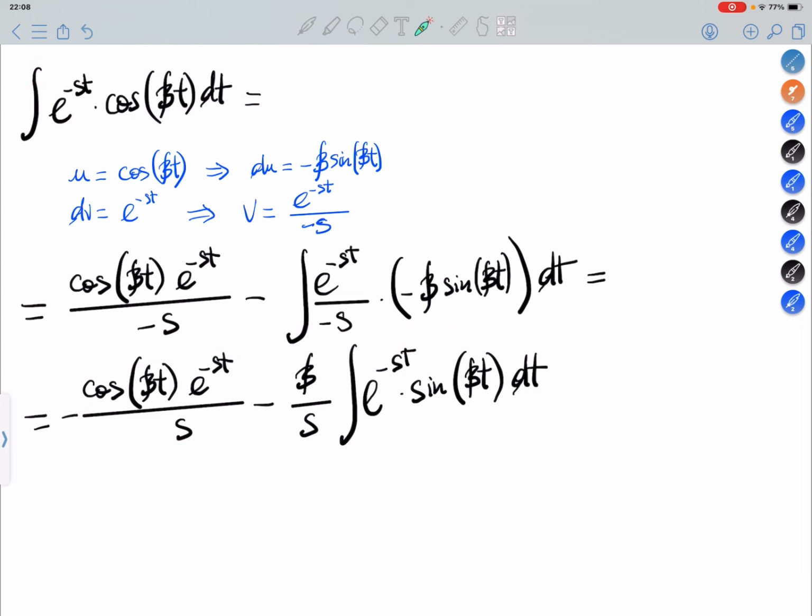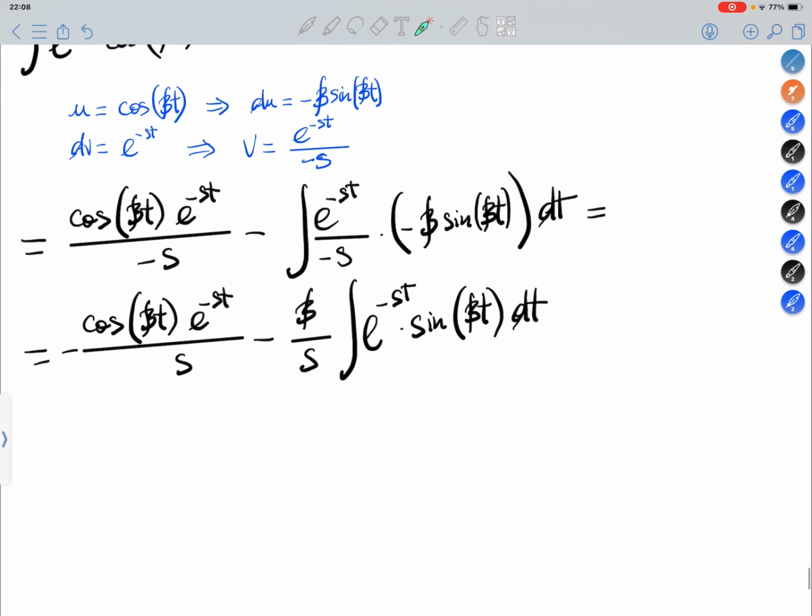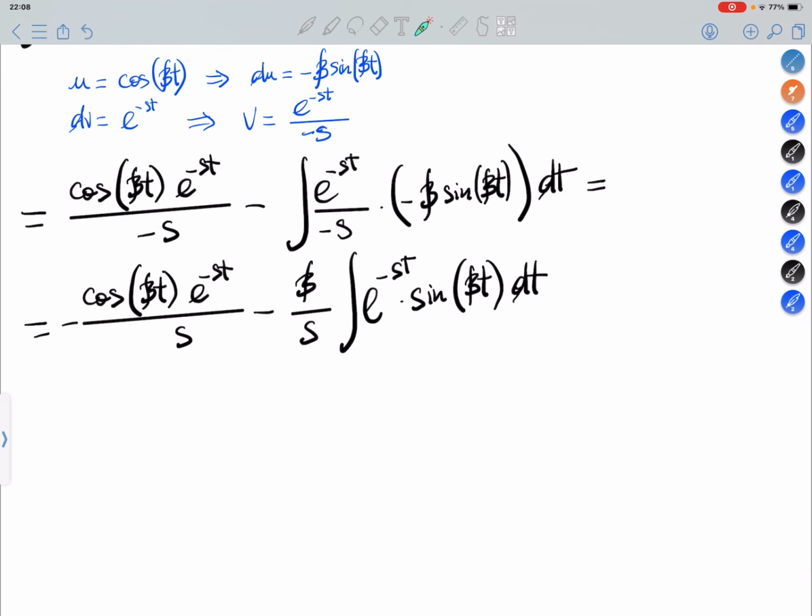Now we can see that we have an exponential and a trigonometric function again, so we're going to use the same technique to integrate it.